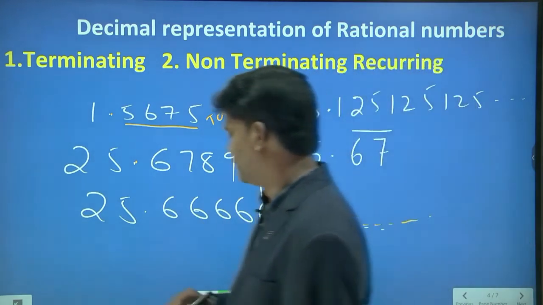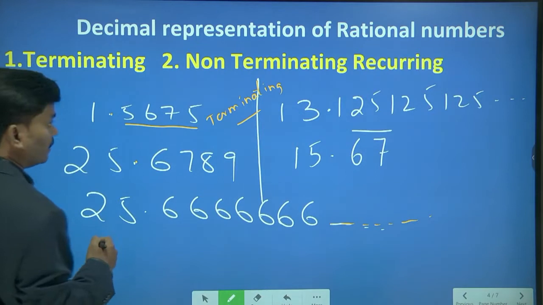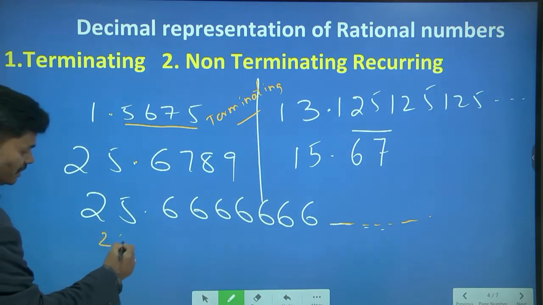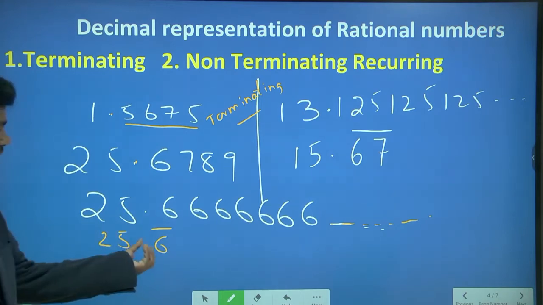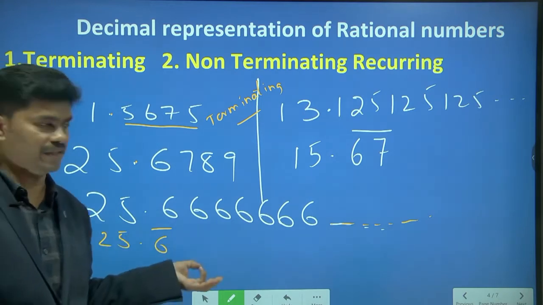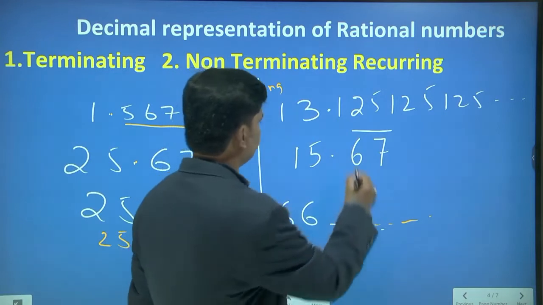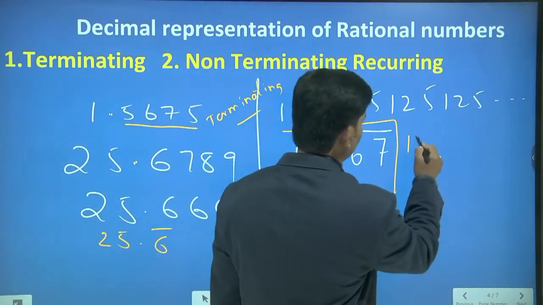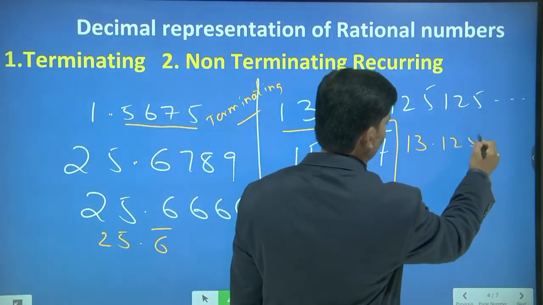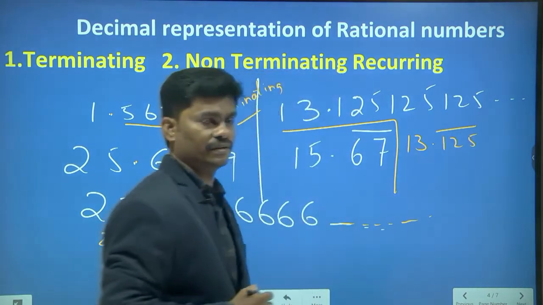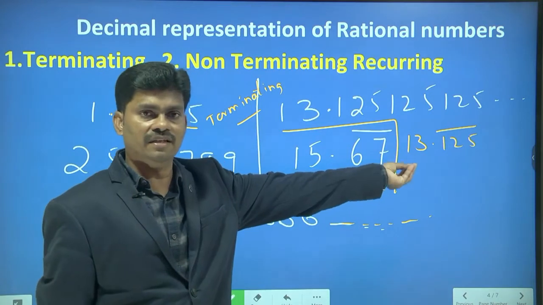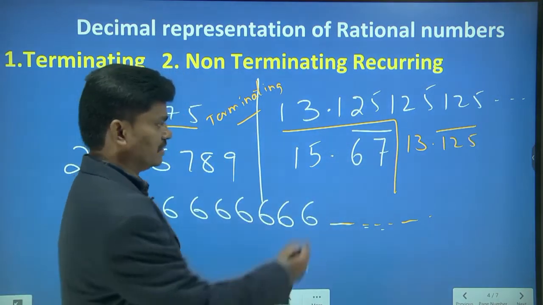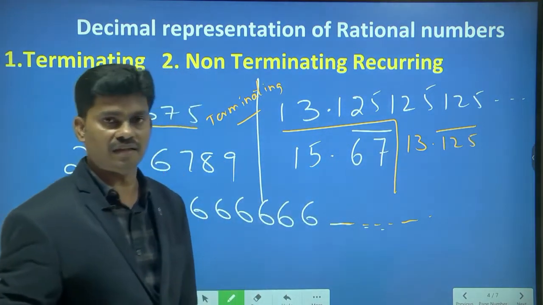So these kinds of decimals we name non-terminating recurring decimals. The same will come here: 13.125, you can take a bar over it, and 125 is repeating. So non-terminating recurring decimal. And this is also a non-terminating recurring decimal.